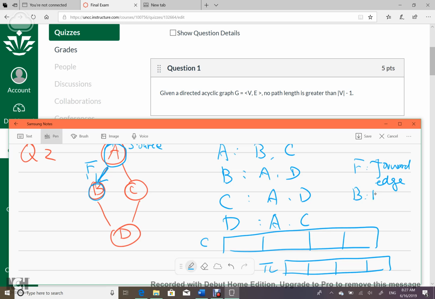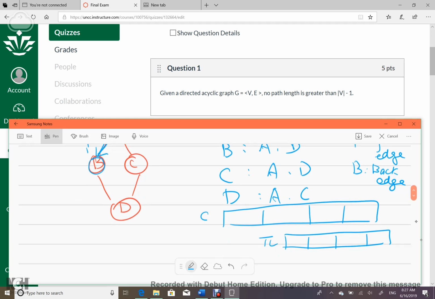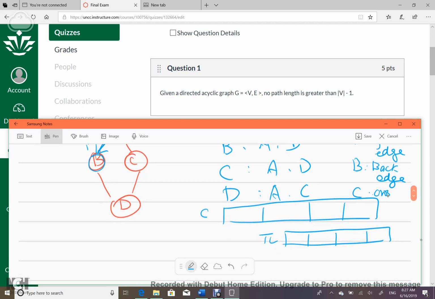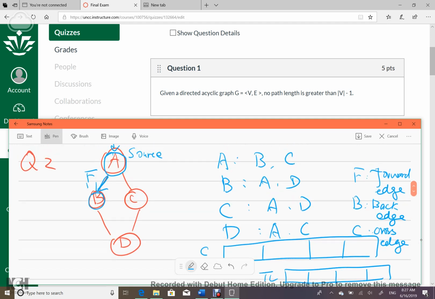B corresponds to a back edge, and C corresponds to a cross edge. What else? Forward edge, back edge. What else? Tree edge. This one, I think, is not a forward edge; this should be a tree edge.